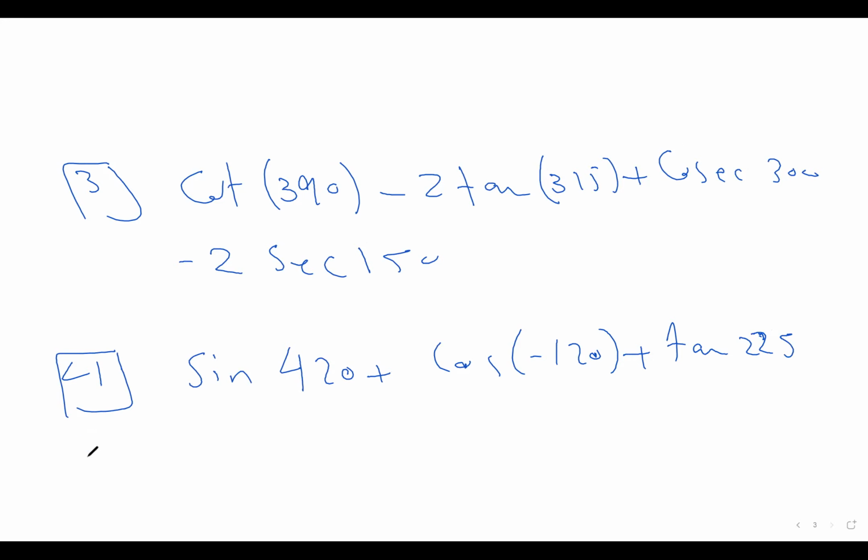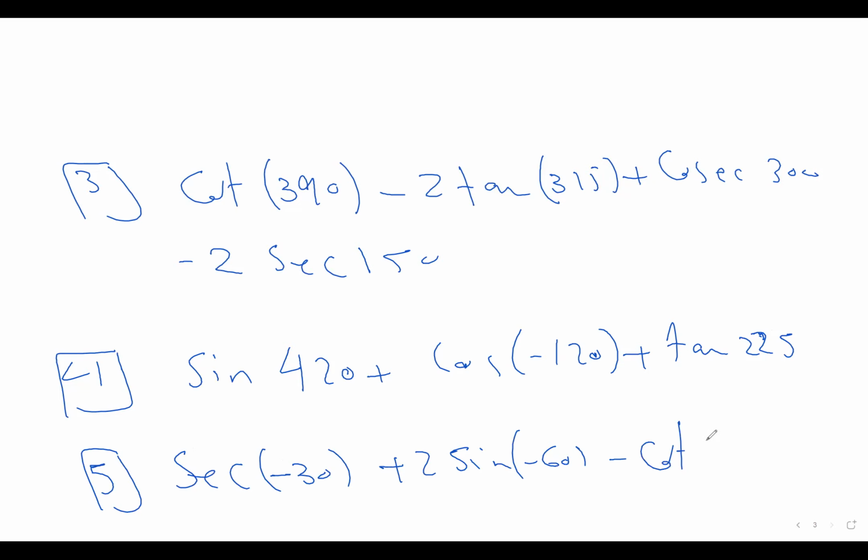Okay. Number 5: sec negative 30 degrees plus 2 sine negative 60 minus cotan 150 degrees. It's okay.